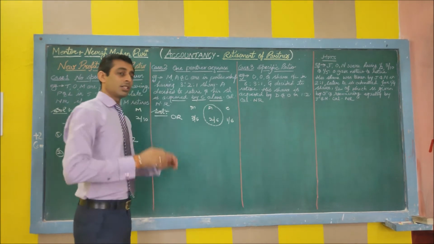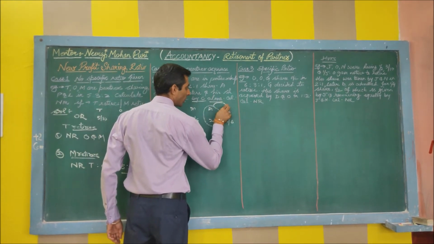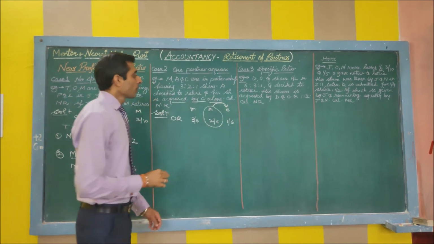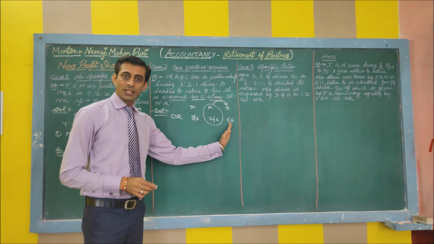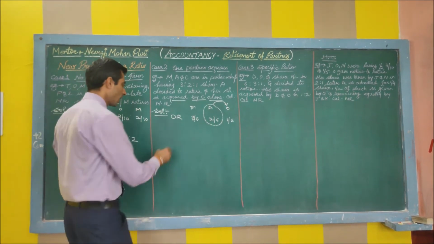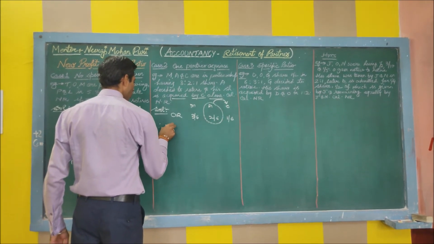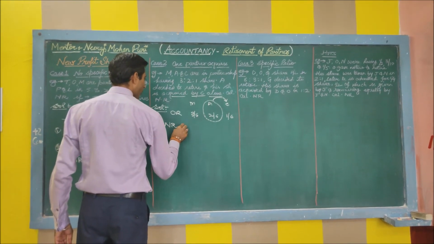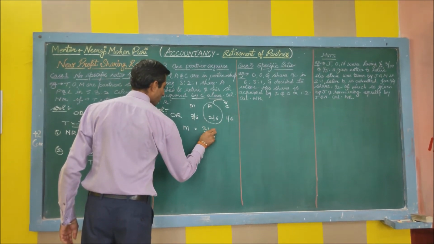When A retires, his full share is taken up by C. A का पूरा share C ने ले लिया. That means for C, the new profit sharing ratio will change, but as compared to M, it will remain same. Therefore, new ratio of M is equal to 3 upon 6, which is unchanged.